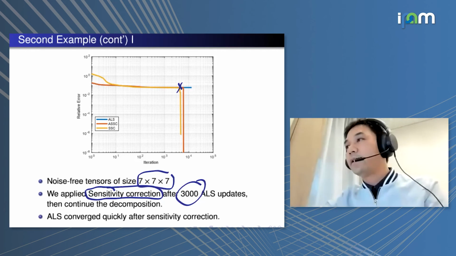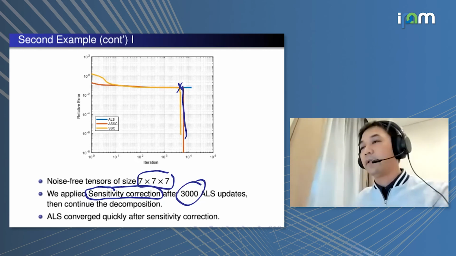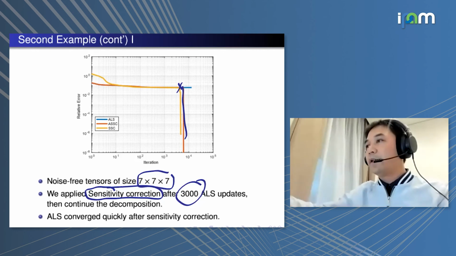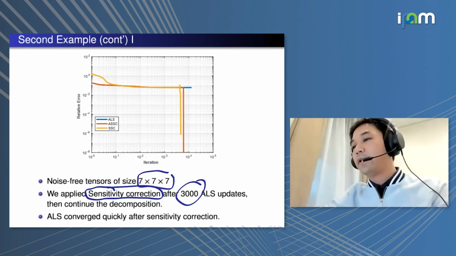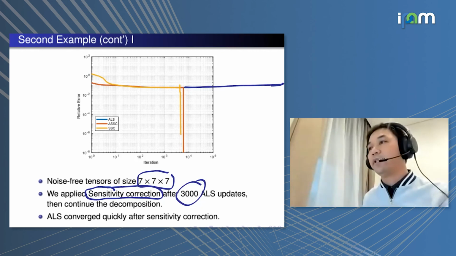Surprisingly, from this point, you see here the approximation error quickly drops to a very small value. So we get an almost perfect decomposition. But without the correction, if you run ALS again, it is almost impossible to find the true decomposition for the tensor chain.